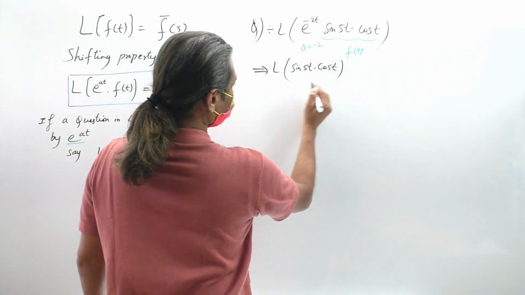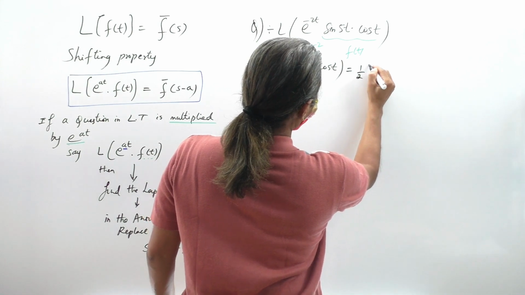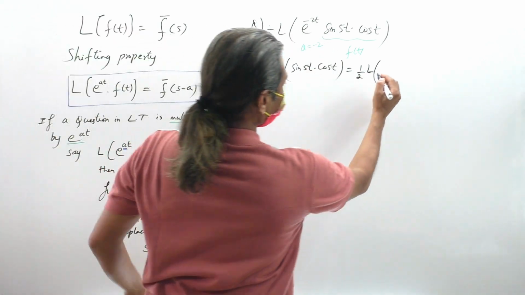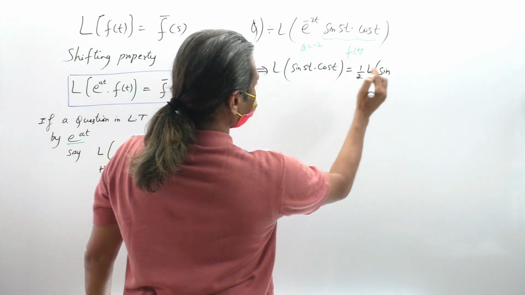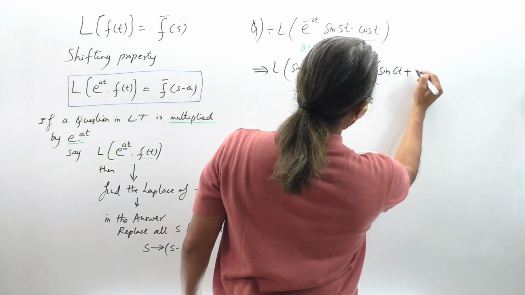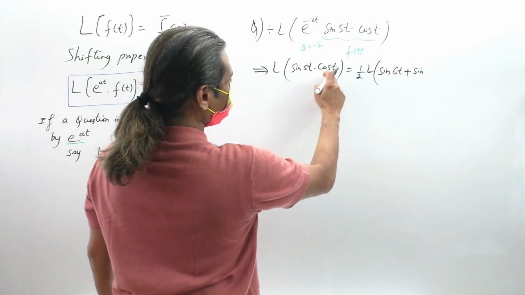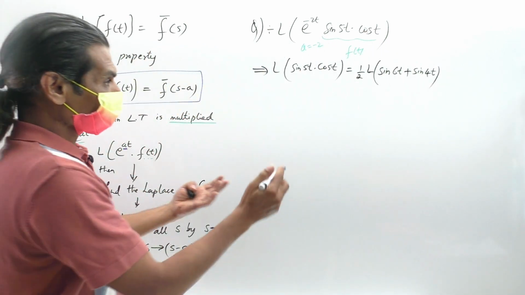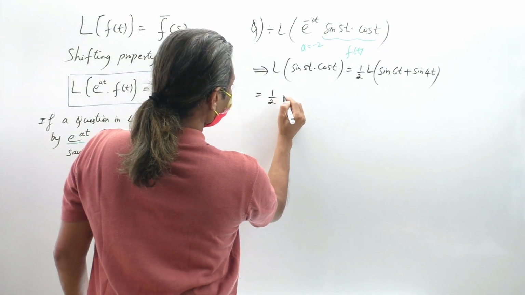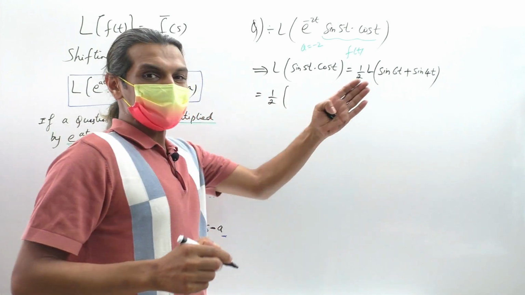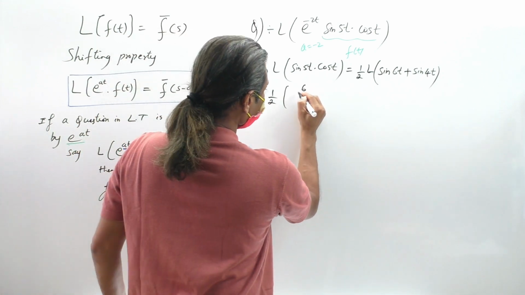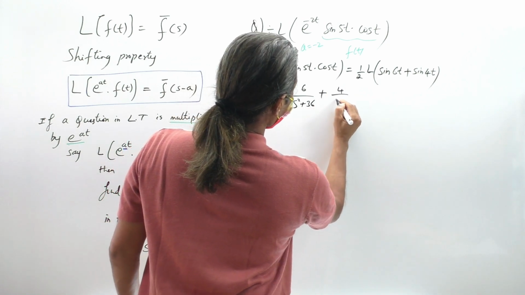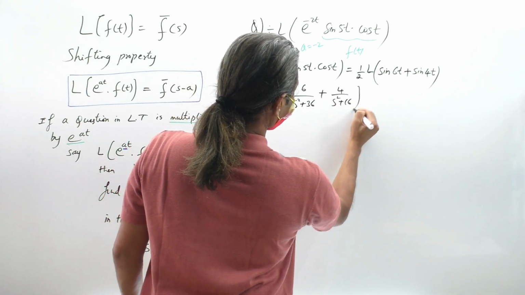So this will be half Laplace of sine 5t plus t, which is 6t, plus sine 5t minus t, which is 4t. That's it, right? Now you get the answer as 1 by 2, 6 by s square plus 36 plus 4 by s square plus 16.